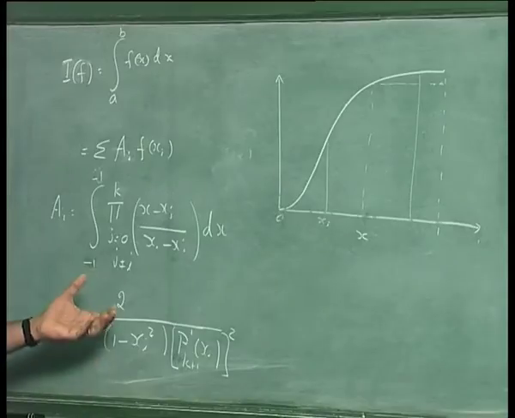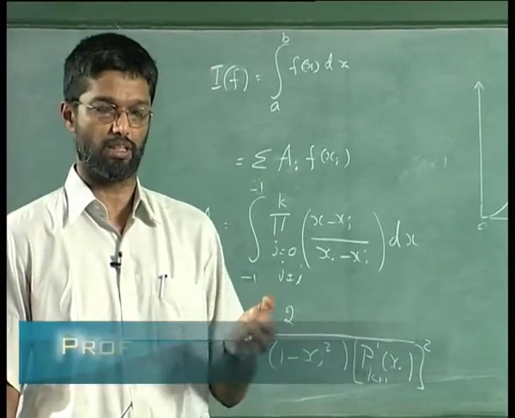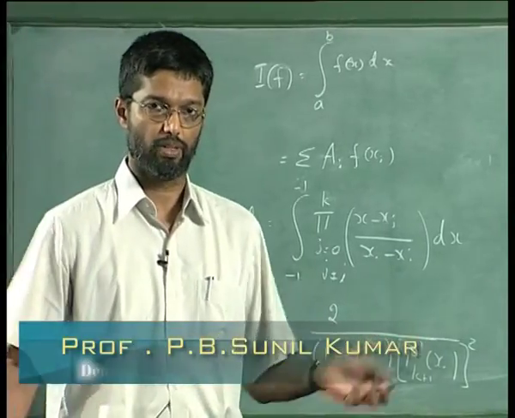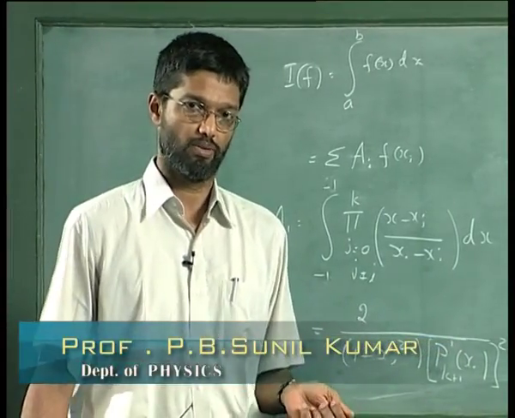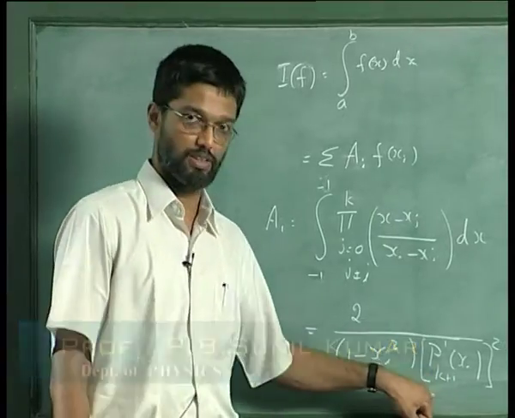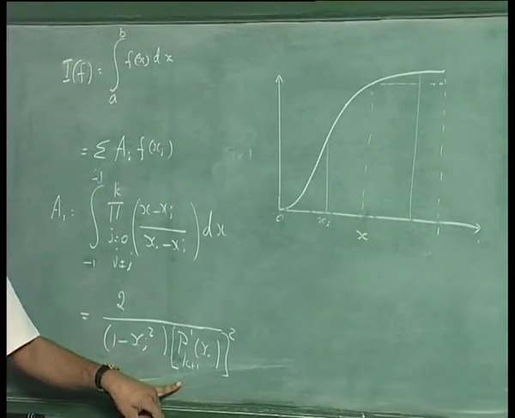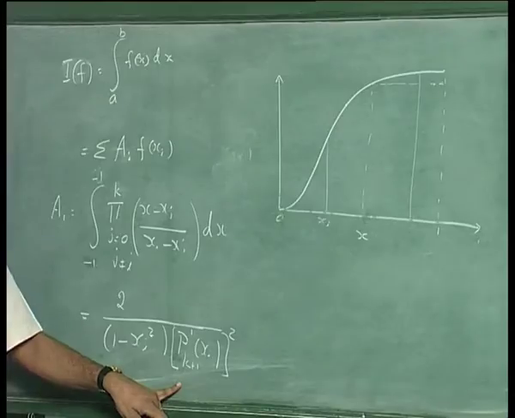To evaluate the zeros, of course we have seen the earlier methods. We can use something like Newton-Raphson to find the zeros of the polynomial. If I know how to evaluate the derivative of the polynomial, then I can use Newton-Raphson to get the zeros.